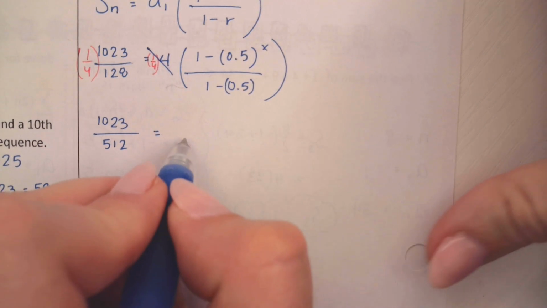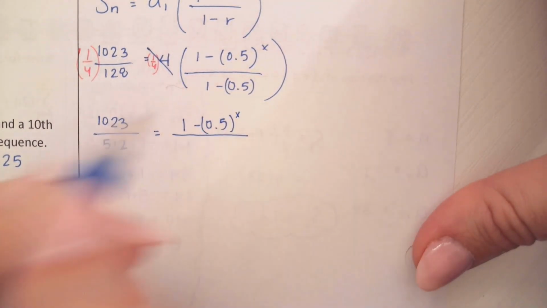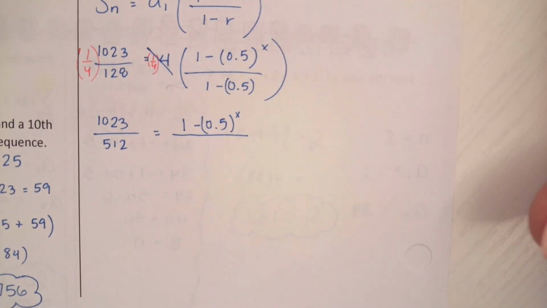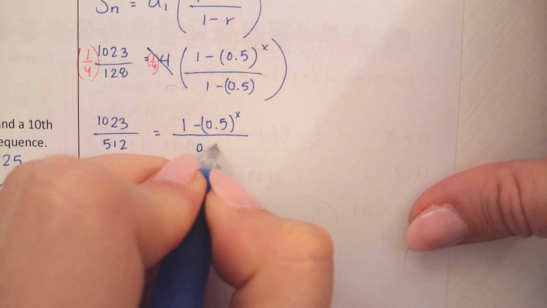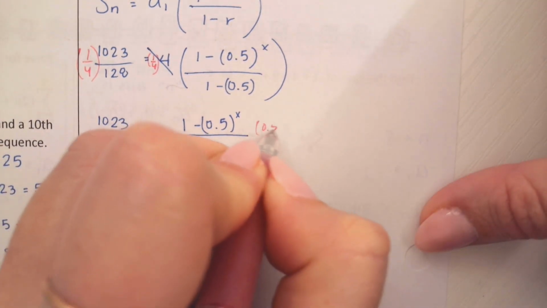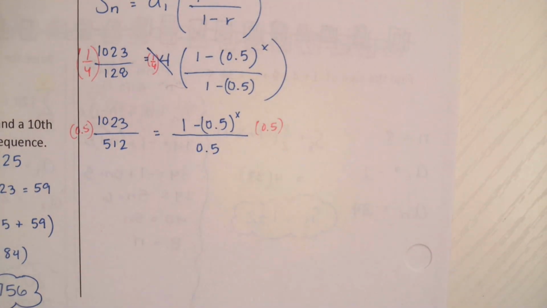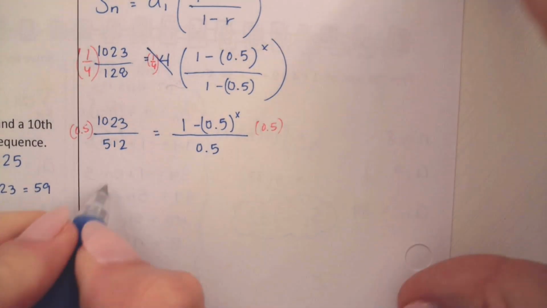No, you don't need parentheses anymore. 1 minus 0.5 to the power of x over, the bottom can simplify. What's 1 minus 0.5? 0.5. Now multiply by 0.5. Okay, 1023 over 1024 now.